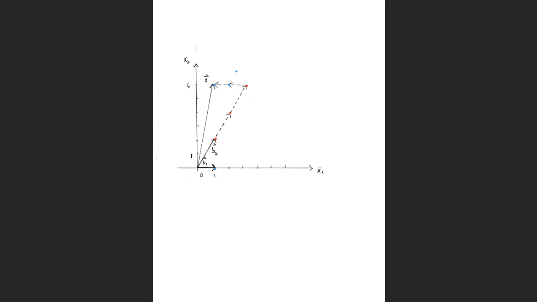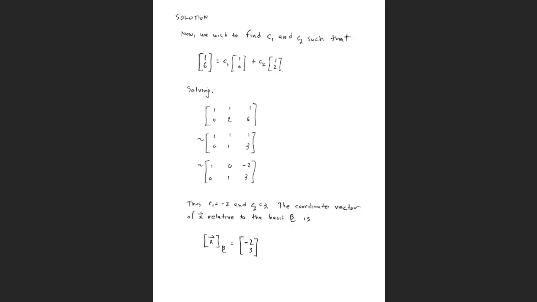So what we learned is that the coordinate vector of X relative to the basis B is -2, 3.